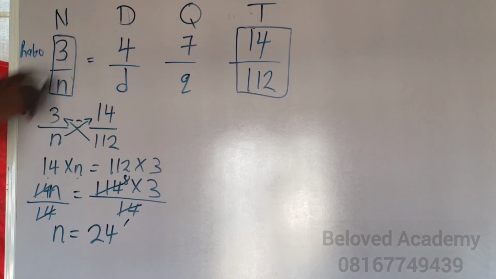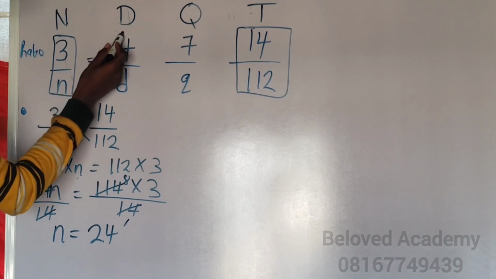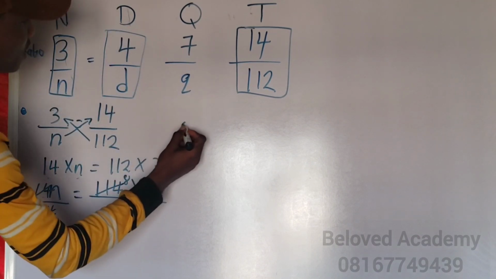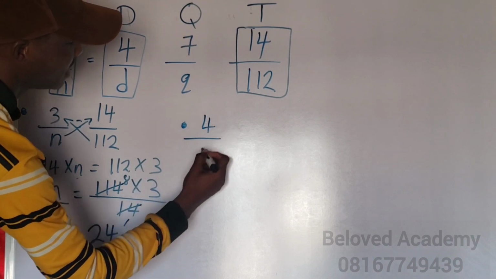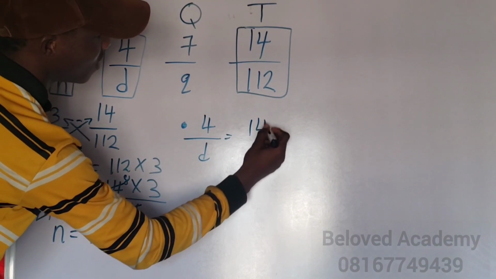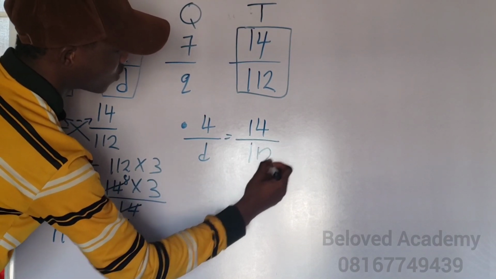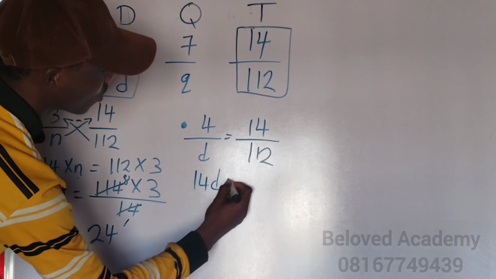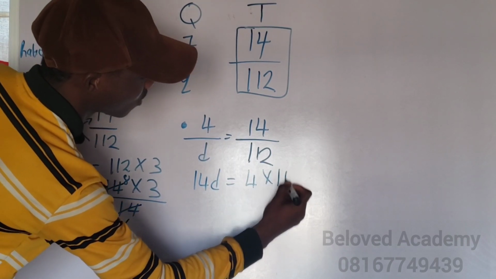If I'm told to determine the number of dime coins that is present in the jar, I'm just going to set the fraction of dime coin equal to the total fraction. So let's go. For this, I'm going to have 4 over d is equal to 14 all over 112. Do you understand? So if you cross multiply, you're going to have 14d is equal to 4 multiplied by 112.